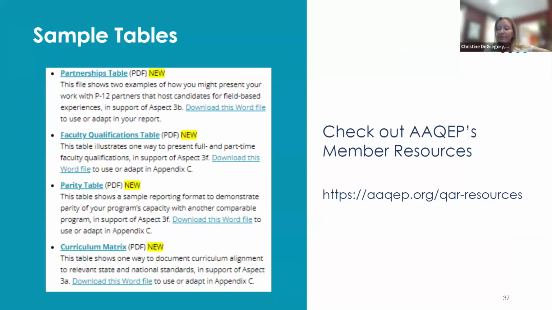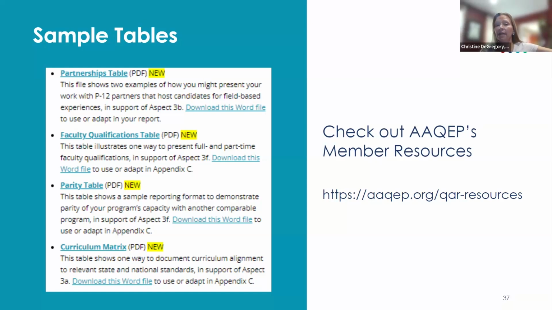Now, I showed you a couple of sample tables. We have them on our website. You can see them here. They are under the QAR resources page if you navigate that way, but you'll see Word versions of the partnership table, which I didn't go over today, but that is part of Standard 3. So you might find that interesting and useful as you outline the partnerships that you have and the type of placements for your candidates.